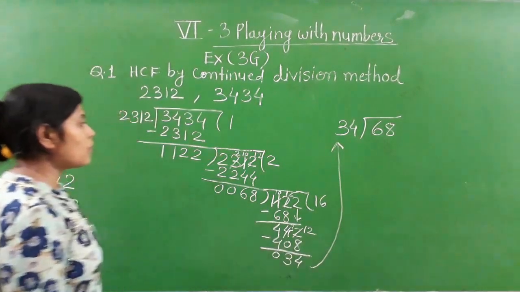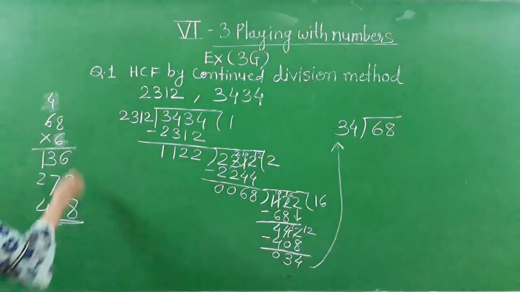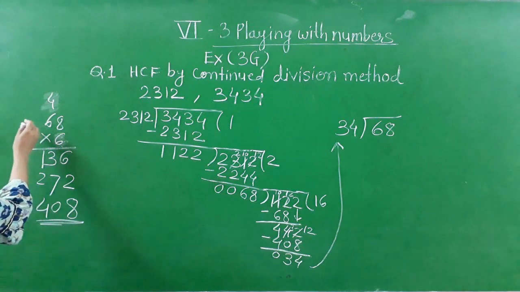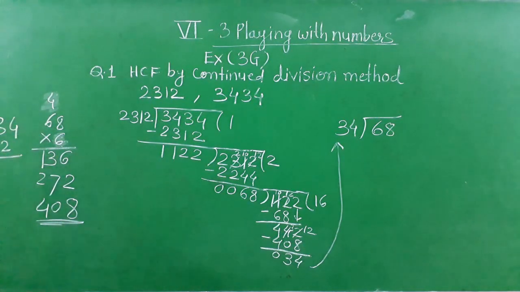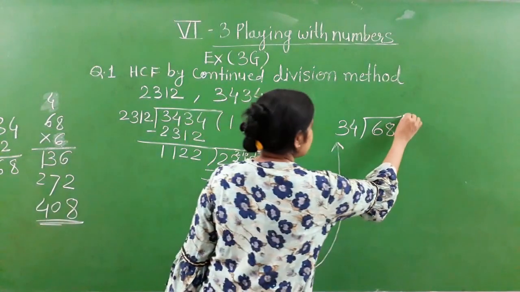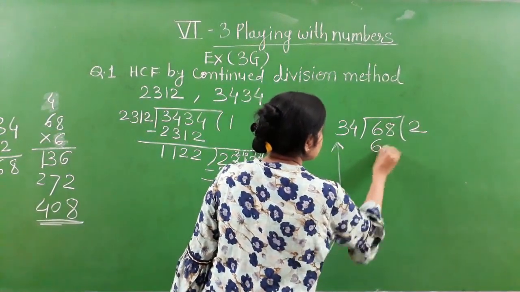Now 34, let's see what 2's will get. 4 2's 8 and 2 2's 6. It goes. So we can write here 2's 68.